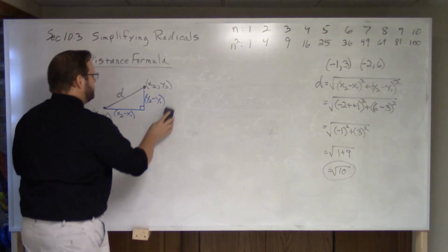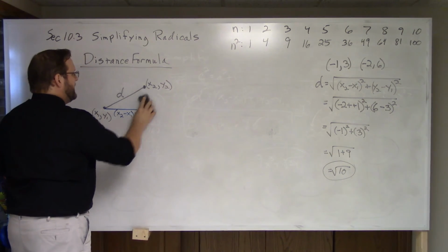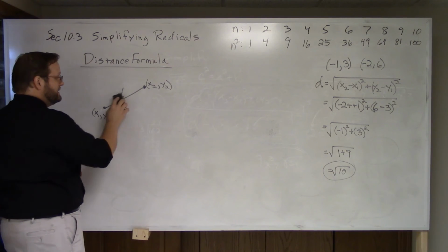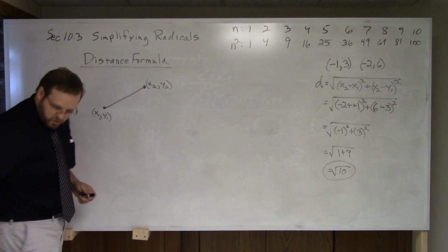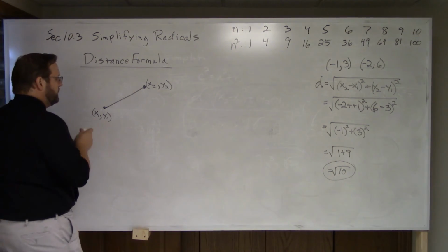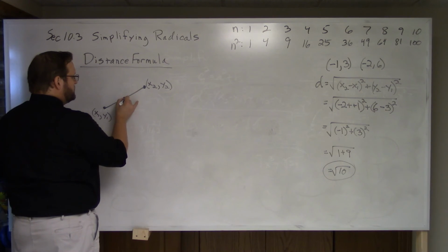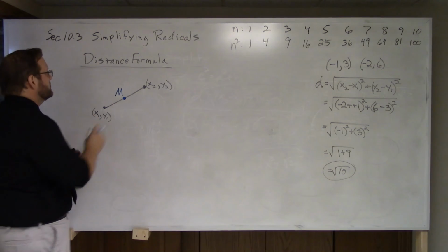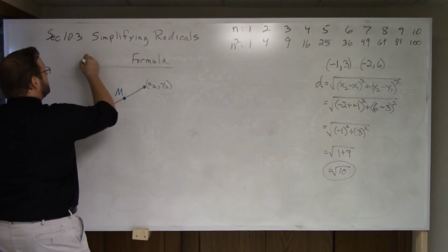Now, midpoint formula is going to start with the exact same scenario with 2 points, except we're not looking at the distance anymore. We're going to be looking for the point that falls smack dab in between, called M, hence the midpoint. Okay, so let me change this here.